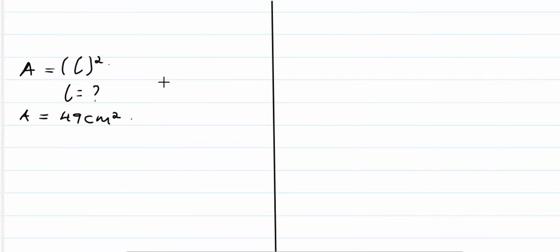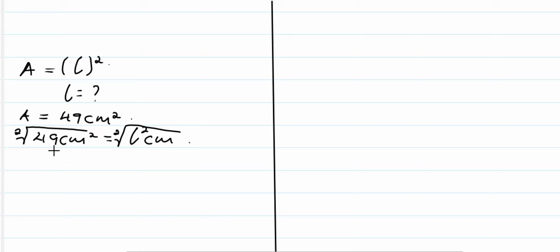Area is given by L squared, so 49 centimeters squared is equal to length multiplied by length, or L squared, but don't forget the centimeters. Now to find one side of the square, I'll just take the square root of both sides.